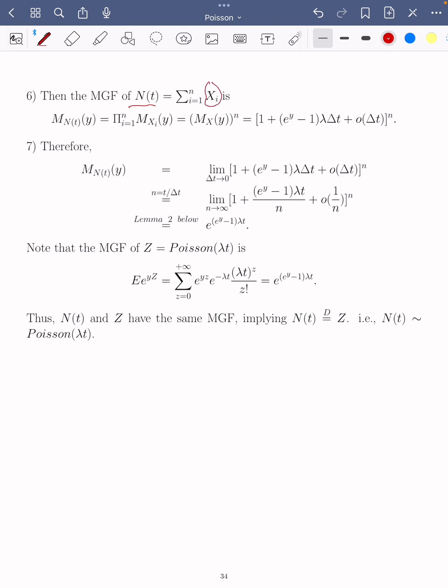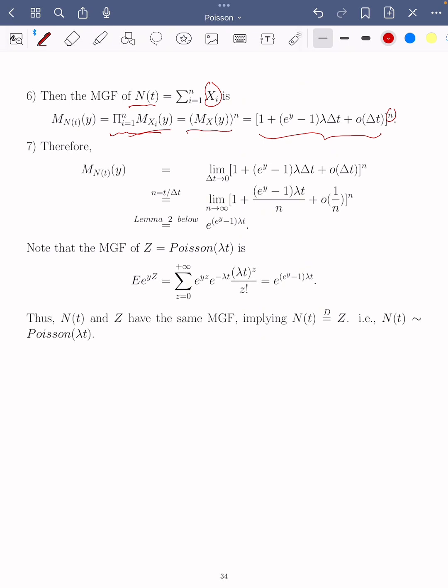So we have this result here. And also remember that the x_i are IID, with the same distribution as x, so this product becomes the moment generating function for x to the power n. So we have a power n here.